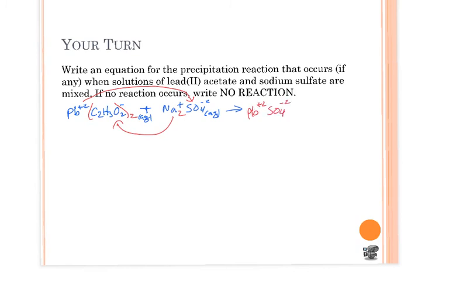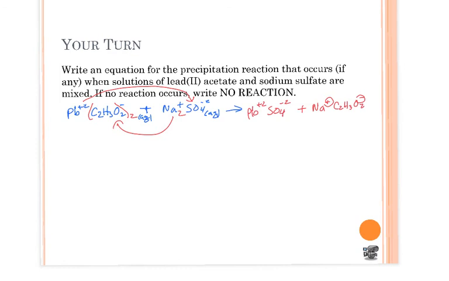And these are both +2 and -2, so they cancel out, so I don't have to add any subscripts. And then I have sodium combining with acetate, and that's a +1 and -1, so they cancel out as well. I don't have to add any subscripts.